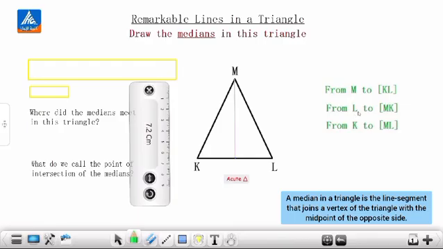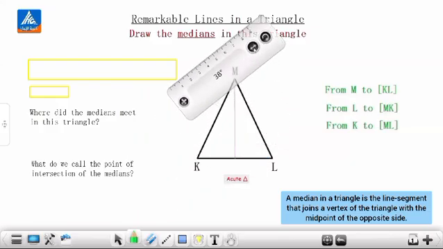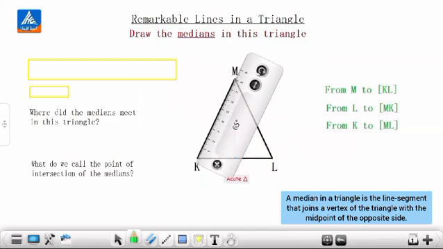Now, from vertex L to the opposite side MK, we should find the measure of MK, the length of MK. MK equals 8 centimeters. The half of 8 is 4.